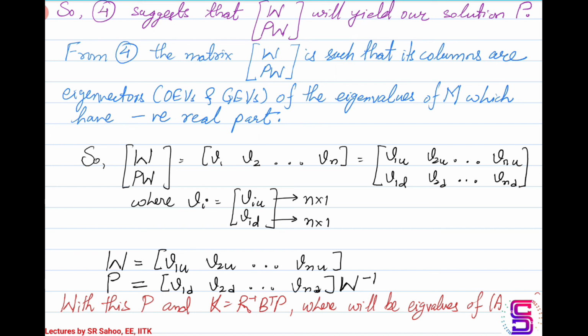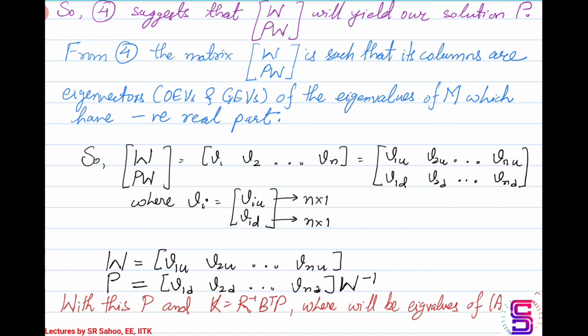Now if you use this P to get the control gain matrix K, you will see that the eigenvalues of A minus BK are going to be in the open left half of the complex plane. I leave it up to you to check the following. With the K obtained through such a method, you will have the exact locations of where the eigenvalues of A minus BK would be.